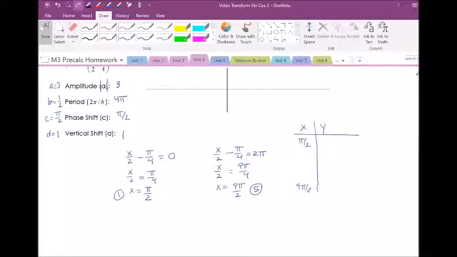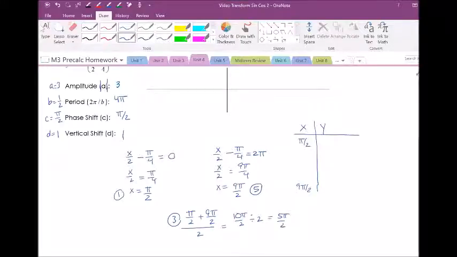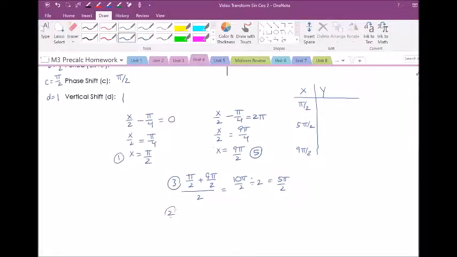Now what I'll do is average those two numbers together to get the x value for key point number 3. So I'm going to add them and divide by 2. So I get 10 pi over 2 divided by 2, which is 5 pi over 2. Then to get key point number 2, I'll average the first and the third together.